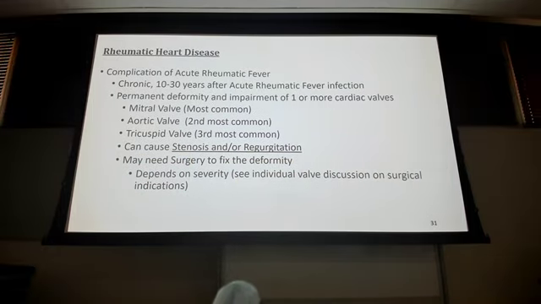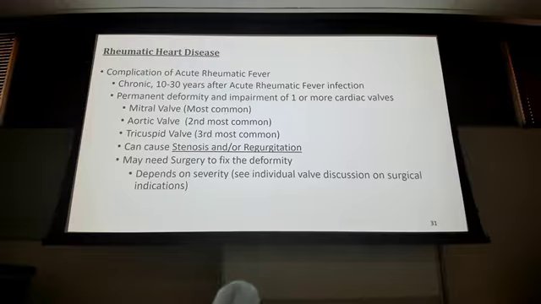And when you get chronic rheumatic heart disease, this is typically anywhere from 10 to 30 years after they had acute rheumatic fever, okay? So we said the age most likely to get acute rheumatic fever is 5 to 15, right?